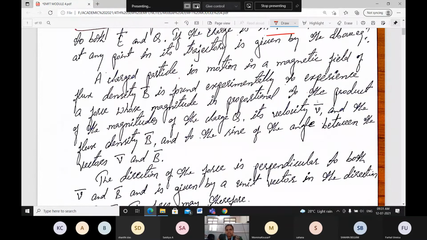Then a charged particle in motion in a magnetic field of flux density B is found experimentally to experience a force, whose magnitude is proportional to the magnitudes of the charge, its velocity, and the flux density B, and to the sine of the angle between V and B. These things will be represented in the equation.